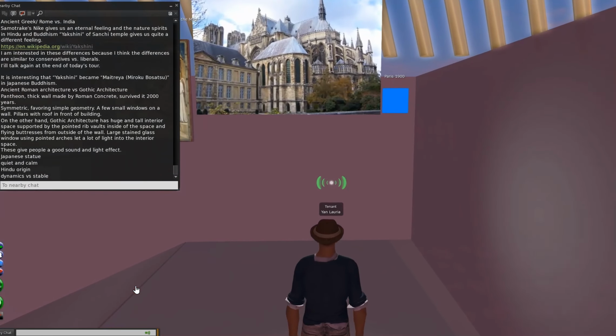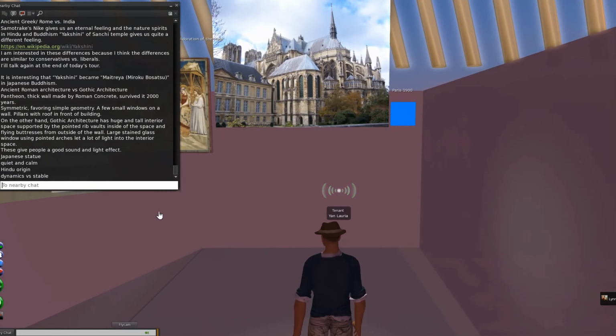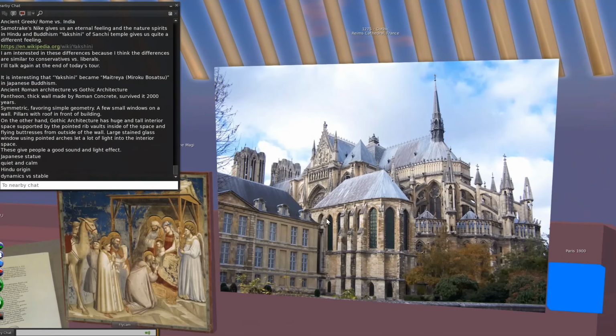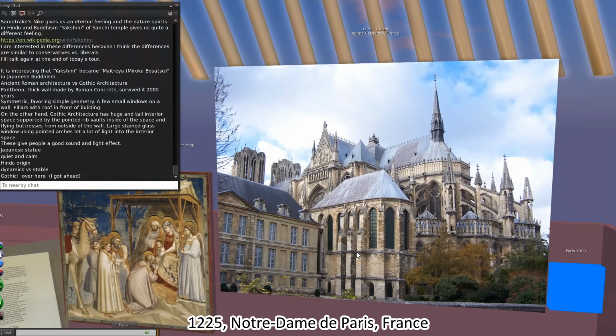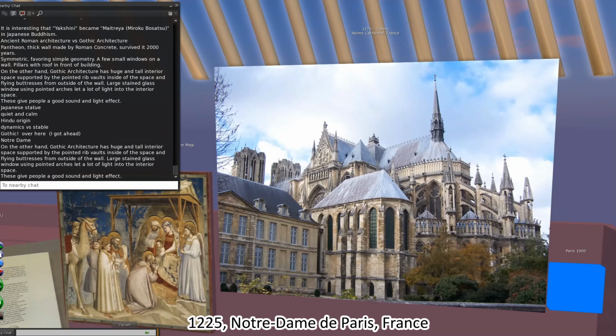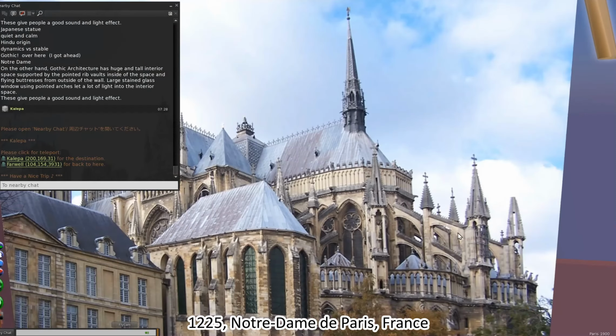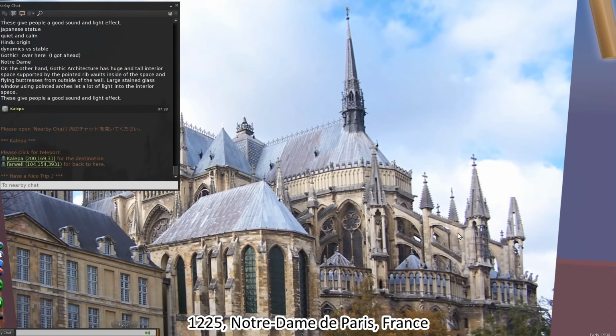Come to the Gothic age. This is Gothic architecture, Notre Dame church. It has a huge and tall interior space supported by pointed rib vaults inside and flying buttresses outside of the wall.